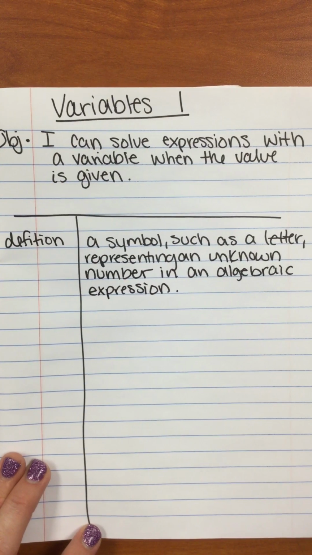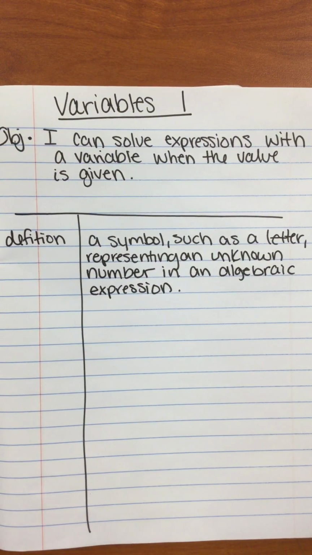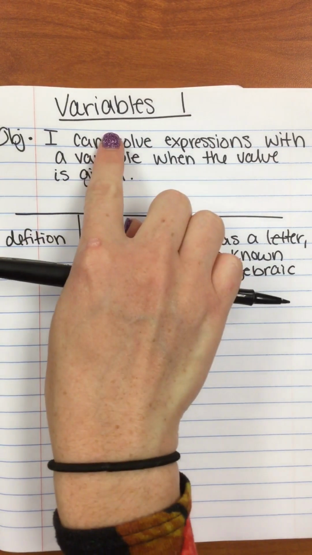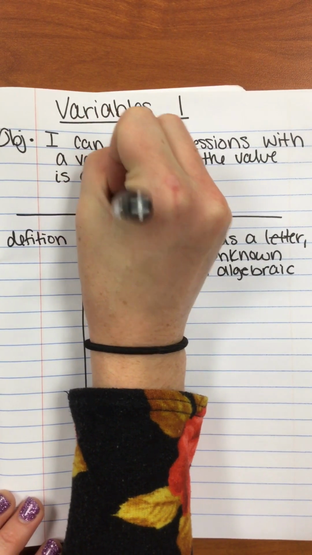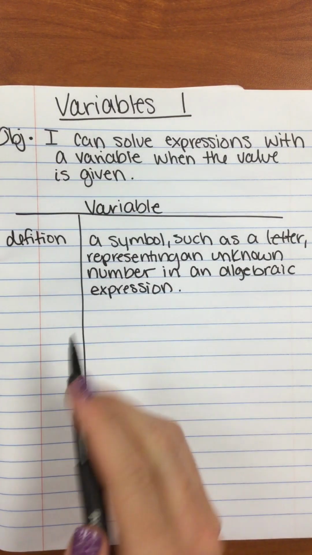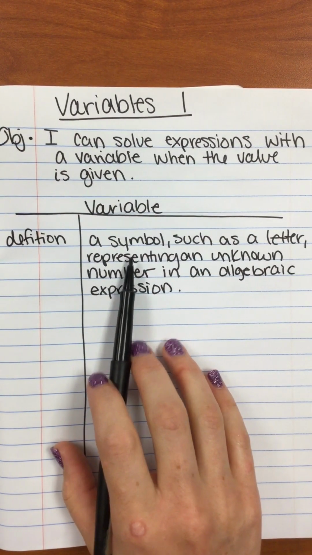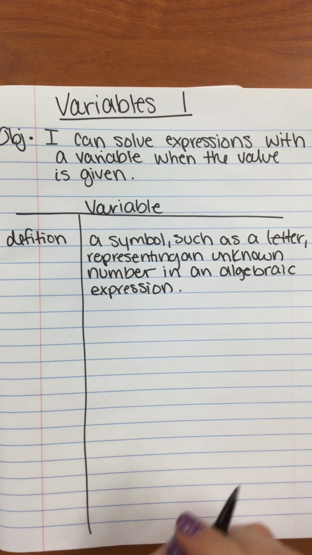So again, our definition is a symbol, such as a letter, representing an unknown number in an algebraic expression. That is our definition of variable. So I'm going to put variable up here just so we know this is what we are learning about, variable. Definition, a symbol such as a letter representing an unknown number in an algebraic expression.